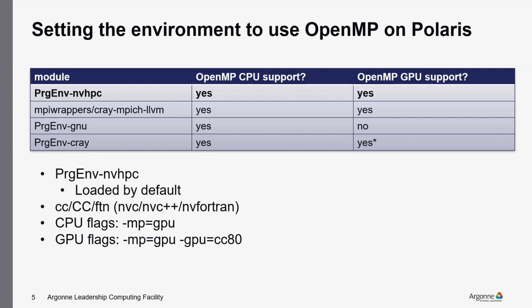Because the NVHPC compiler will invoke all the toolchains from the CUDA toolkit. The CUDA toolkit is shipped inside NVHPC. Maybe in the next slide I will give you a bit more insight about how to control that.